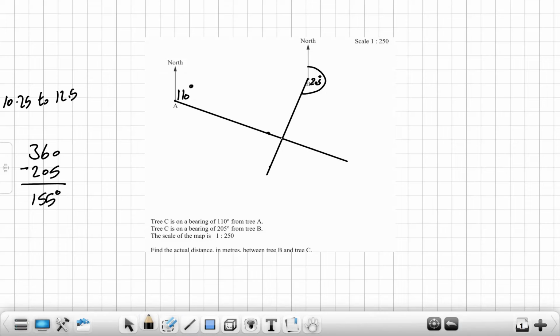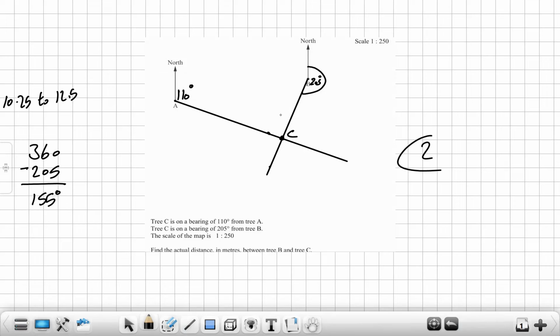It's this point of intersection. This is tree C. All right. Now, is this the question? No, but you're going to take at least, I guess, around 2 marks only for this drawing. But what they want from you, find the actual distance in meters between tree B and the tree C.